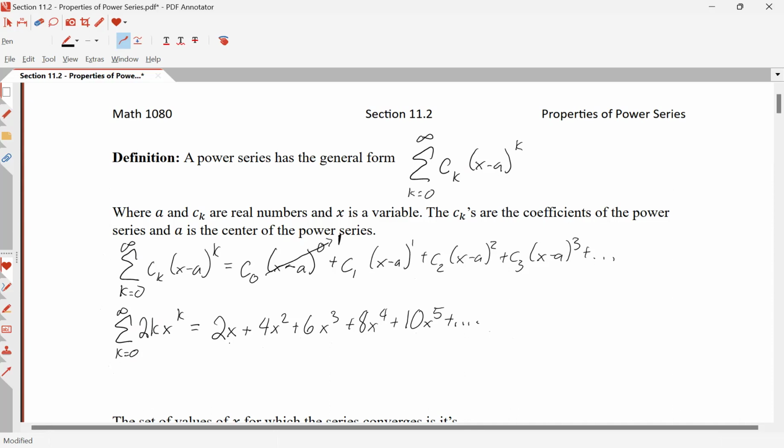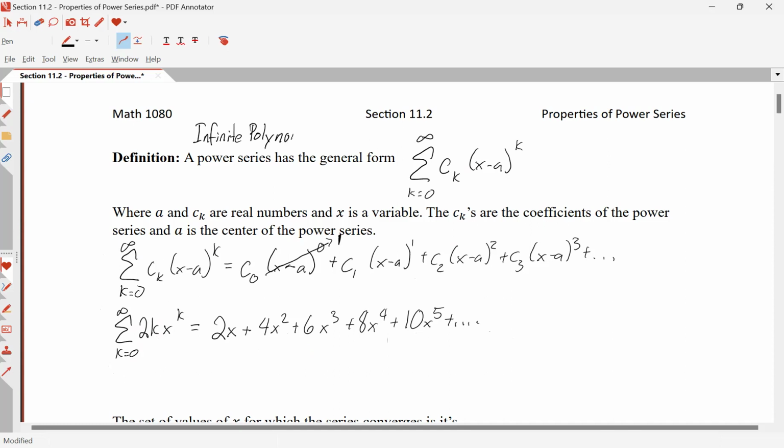We start with 2x because when k is 0, everything is 0. But otherwise, if I just said, hey, let's cut off here, it looks like a polynomial. If I only took a few terms, it looks like a polynomial. In general, a power series is an infinite polynomial.